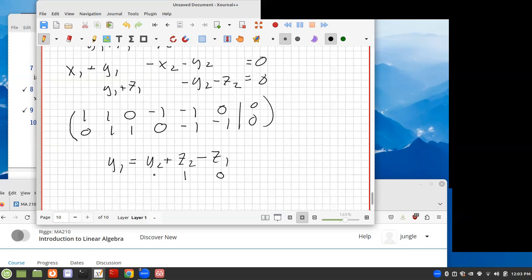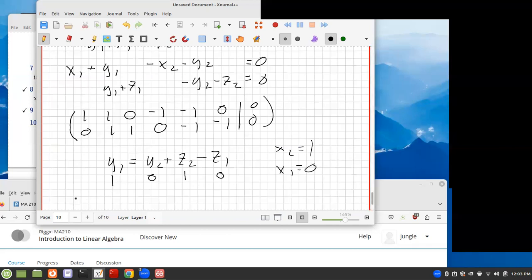We could choose this to be 0, so this would be 1, and then we could plug that in here and find that if y2 is 0 and y1 is 1, we could choose x2 to equal 1, in which case x1 is going to equal 0.